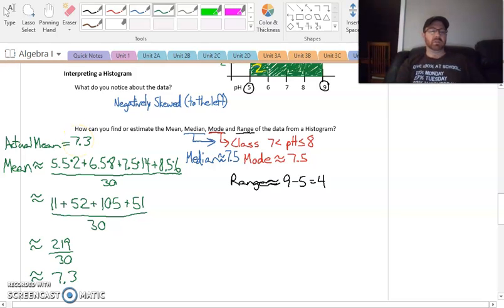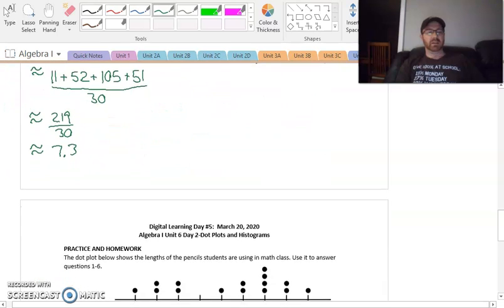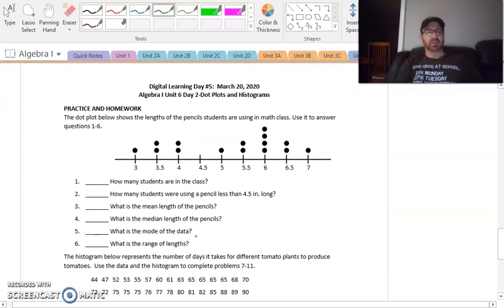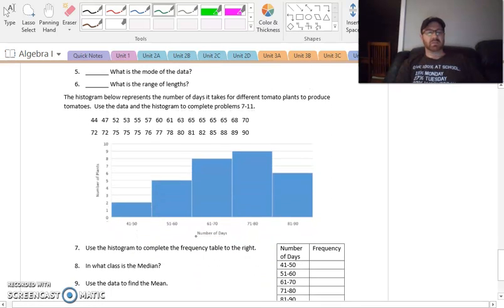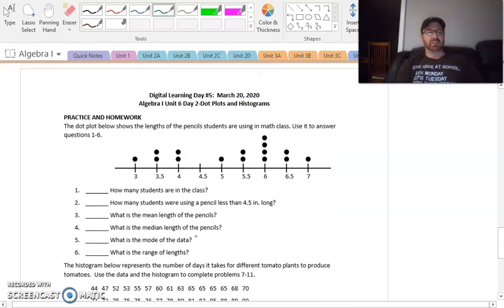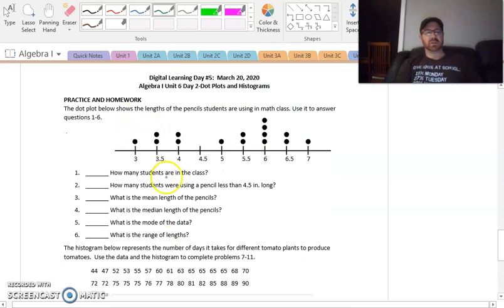All right, so at this point, if you are working online, I have these problems in a Google form, and you can fill that out and submit your answers there. But you have all the questions right here. If you're having to work on paper, you can do your work on a separate sheet to solve these. Here you have a dot plot, and you're telling some things about it. Reading it, I already constructed it for you, but you have to read it and tell some things about it.